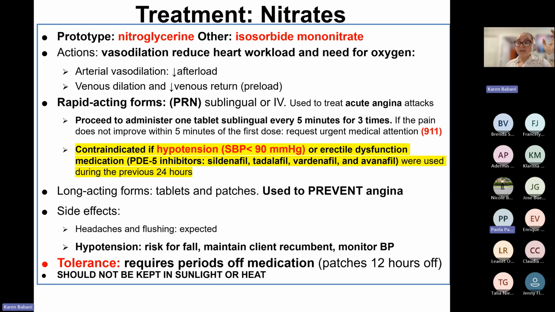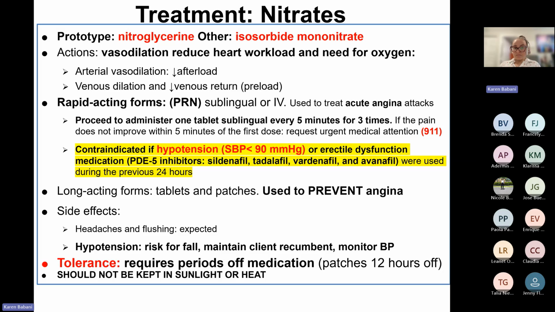This one can happen even if the patient is not doing exercise. So they're at rest, and then all of a sudden, oh, I got a spasm. But it's also not an infarction. It's kind of transient. Not much you have to learn with that one.